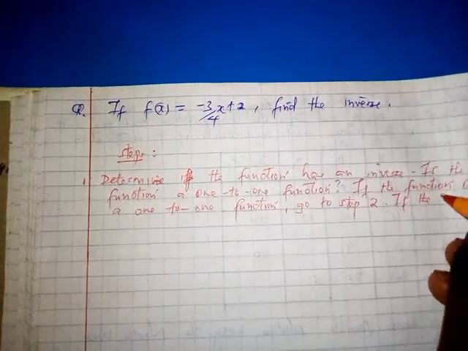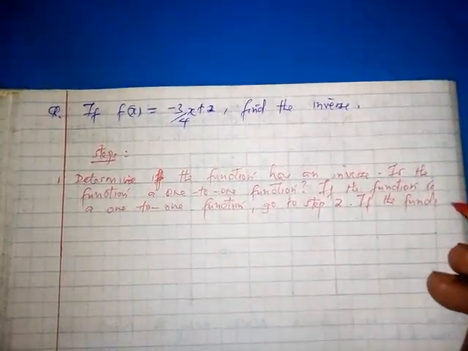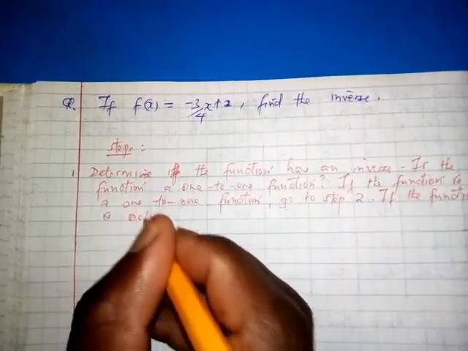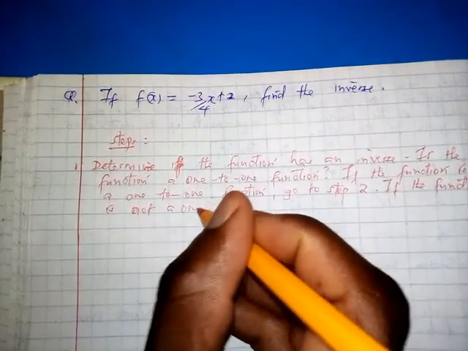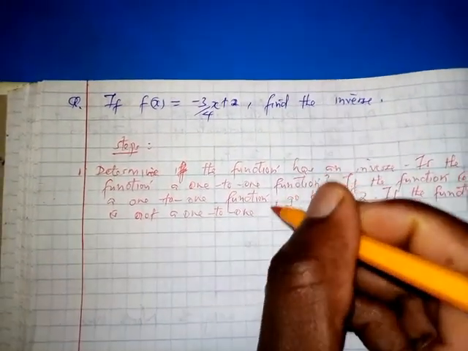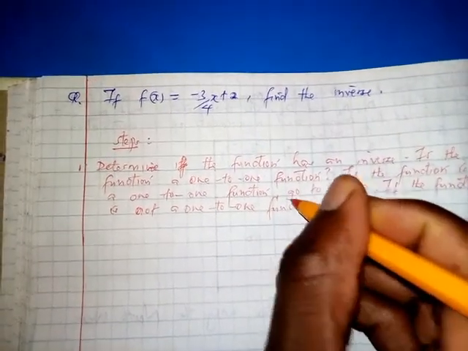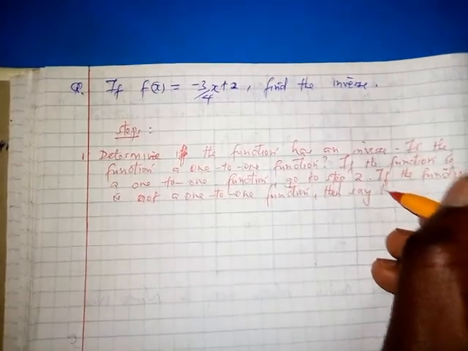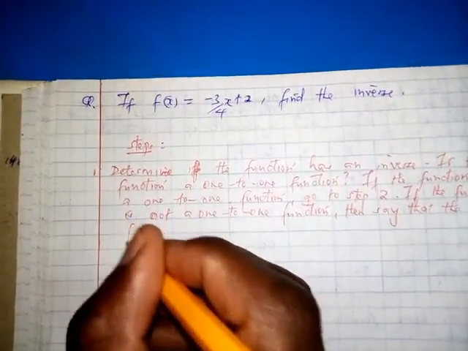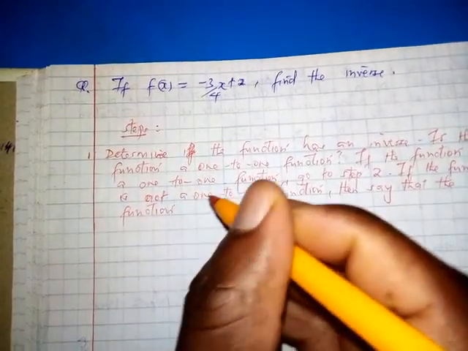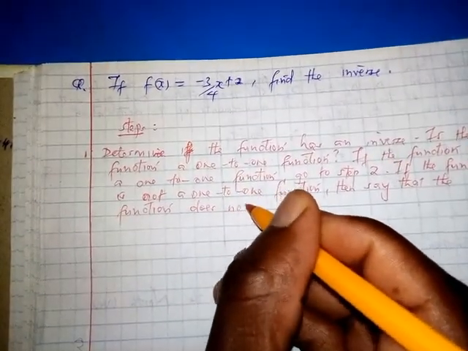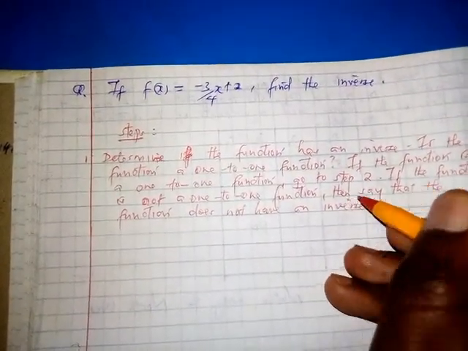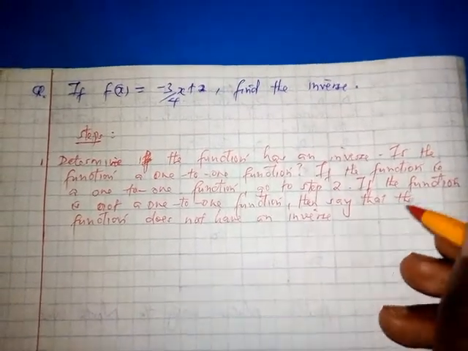If the function is not a one-to-one function, then say that the function does not have an inverse, and stop.